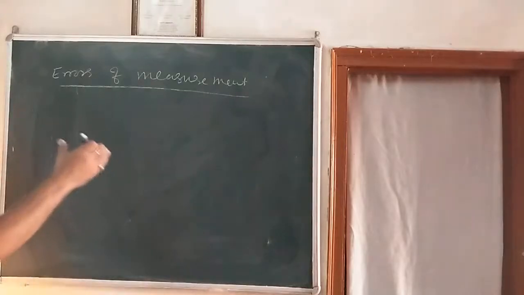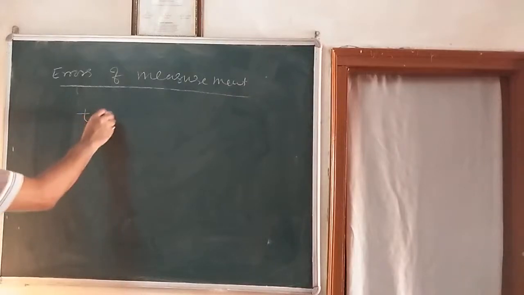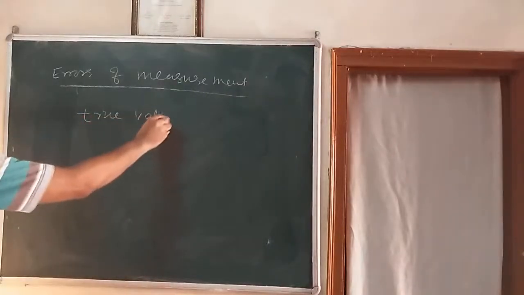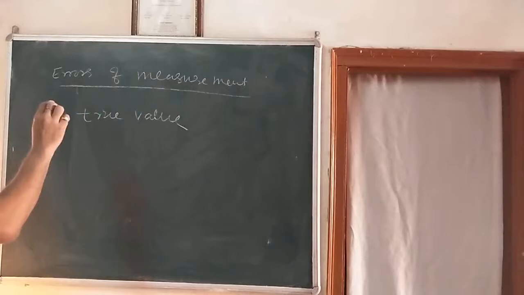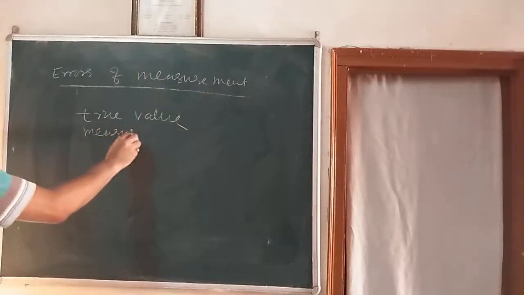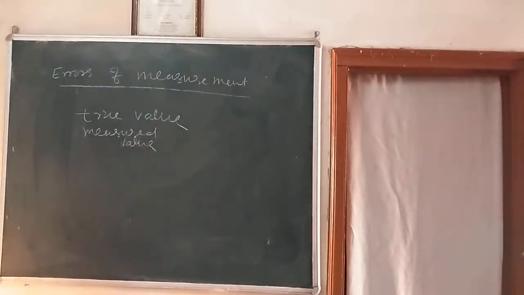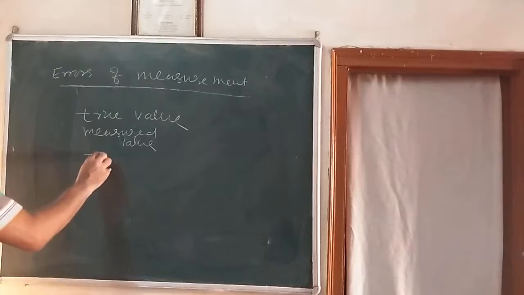The difference between the true value and the measured value is called error of measurement. Errors are of various types, so we are going to see here types of errors.